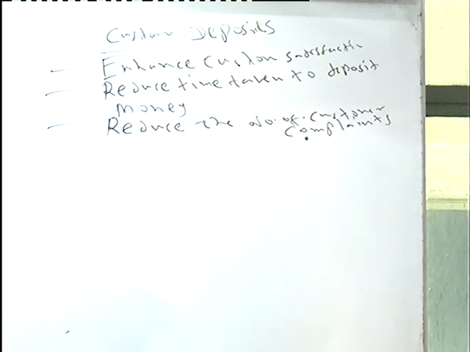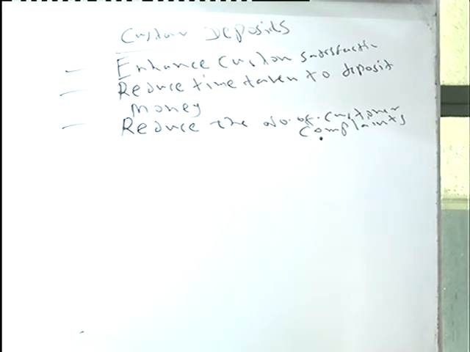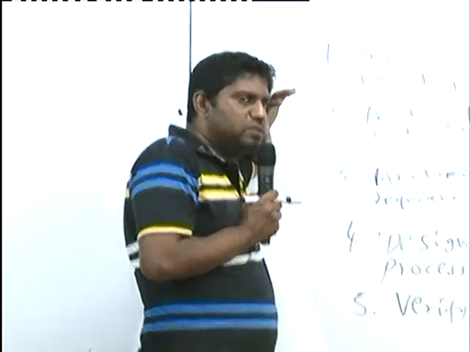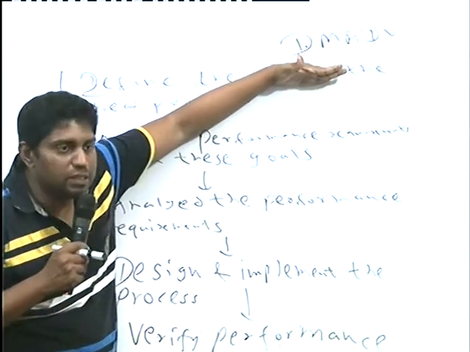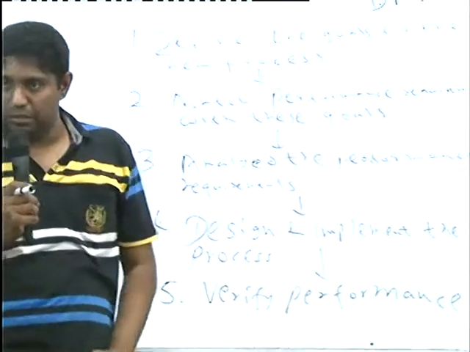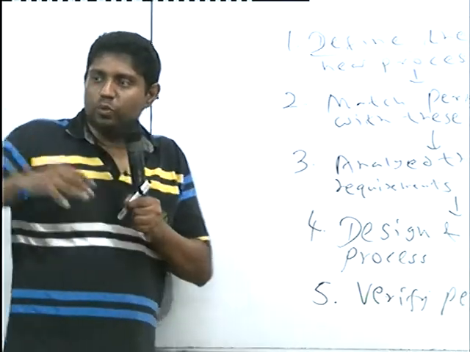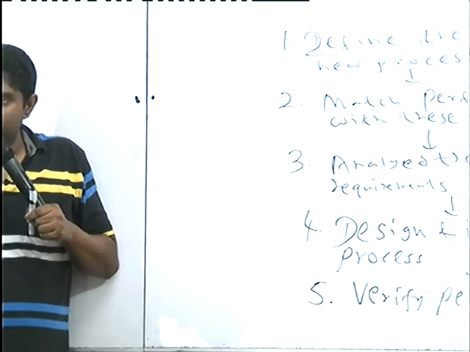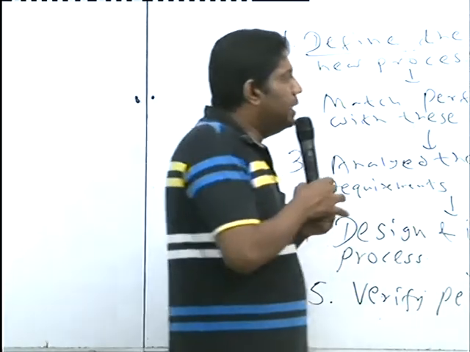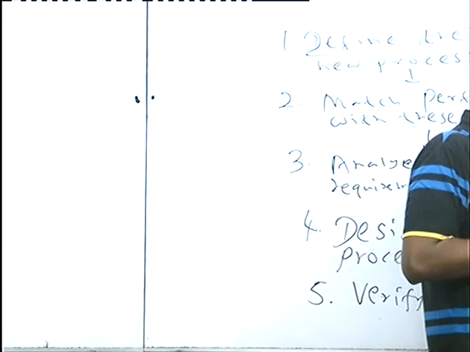Right. Then what I will do next is match performance requirements with these goals. To make sure or to ensure these goals are delivered, I will identify some performance indicators.